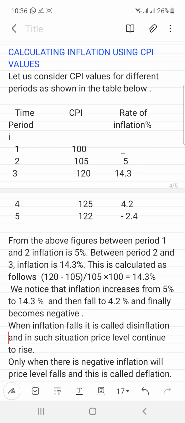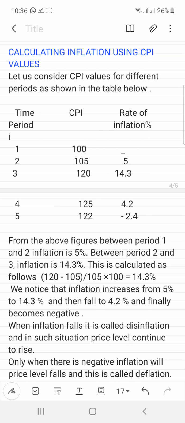If we calculate inflation from period 2 to period 3, we are going to have an inflation rate of 14.3%. How do we calculate this? We take 120 minus 105, divide by 105, multiply by 100, and this gives us 14.3%. So this means that inflation between period 2 and 3 is 14.3%.